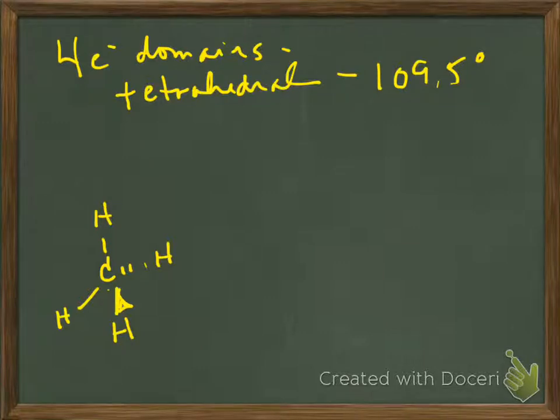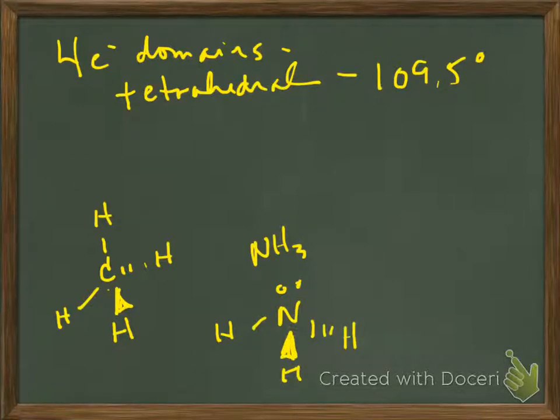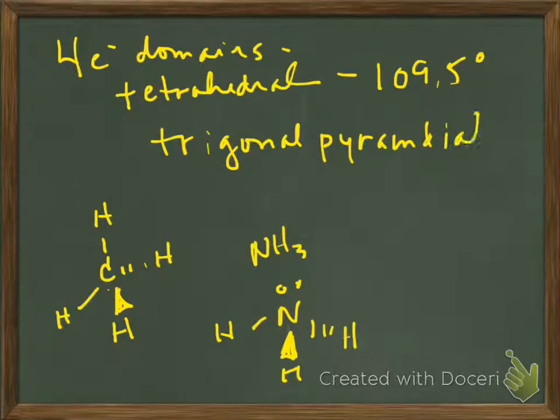If I only have three things attached to that, like NH3, I have N, H, H, with one coming out at you and one going away from you. I'm trying to draw it in 3D. This would be trigonal pyramidal. Wow, I can't spell today. Pyramidal.